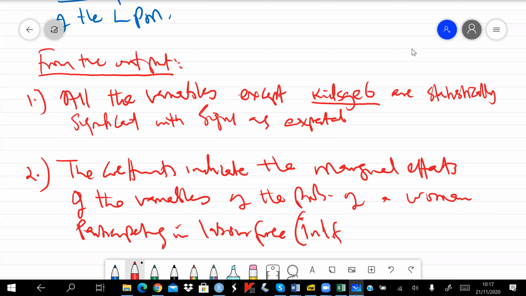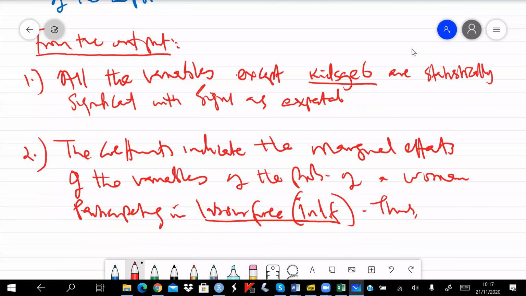A woman in labor force. For a woman who is participating in labor force, that's what we are predicting, because either a woman is participating or not participating in labor force.